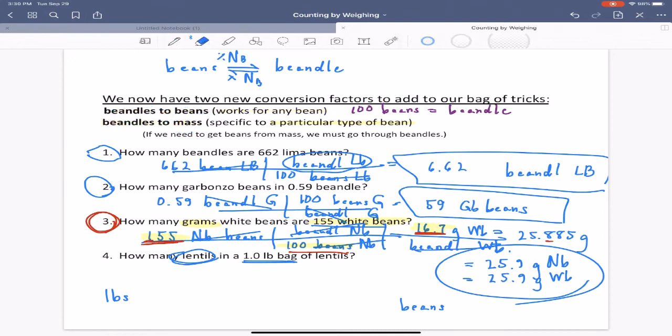And I've said before, to get to the individual unit from a mass, I have to go through the grouping number. So I'm going to have beandles to get to beans. And a beandle is a mass in grams that I can get on my beandiotic table. And then getting from pounds to grams, that's just a conversion factor we've done before. So this is going to take a couple steps to go from pounds to grams to beandles to the group to the individual beans.